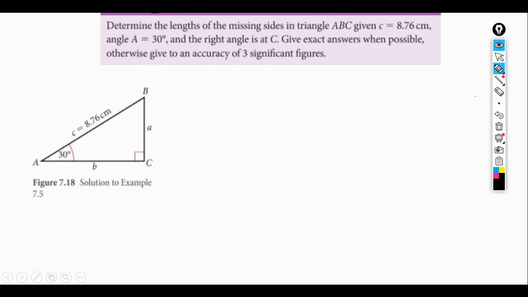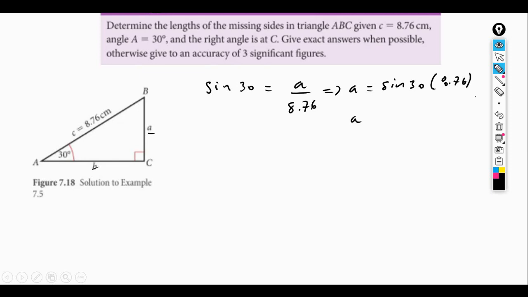So we have to find a and b, and you know how to do this, but just for the record, remember that we could say that sine of 30 is equal to opposite, which is a, over the hypotenuse, which is 8.76.